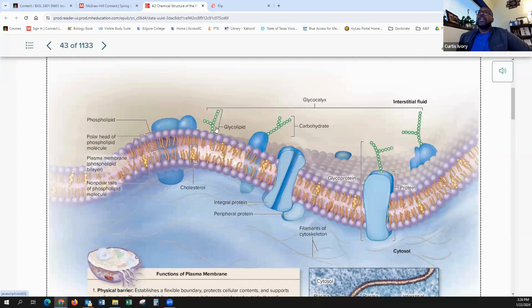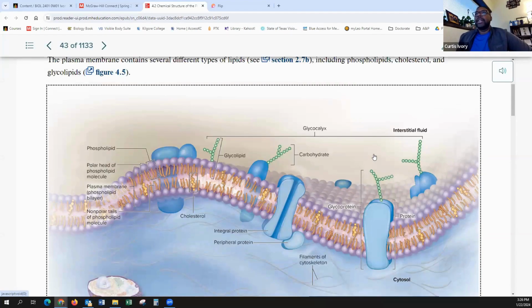The things you see here that are linked to each other are called glycoproteins. Glyco meaning sweet or glucose. And then you have the carbohydrate. These are essentially like antennas for the cells. You might be asking, why do you need an antenna on a cell? Well, they're for being able to recognize other cells, or for the immune system to recognize them.